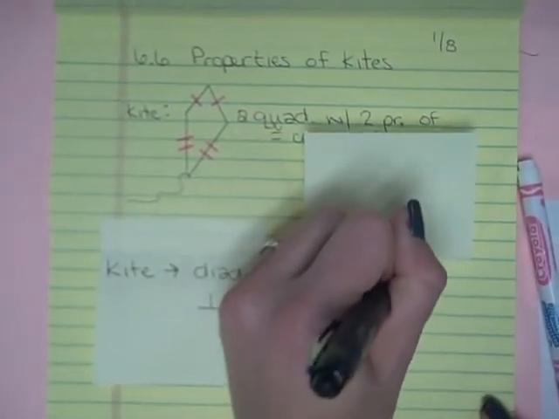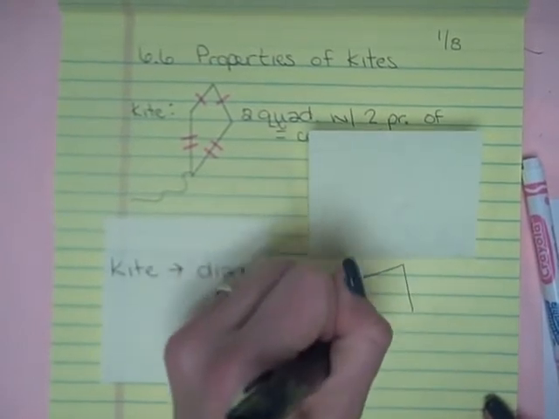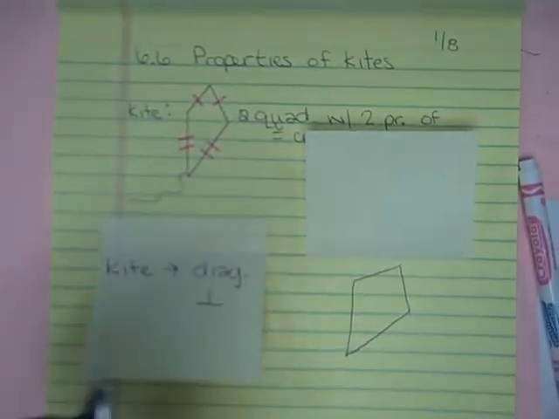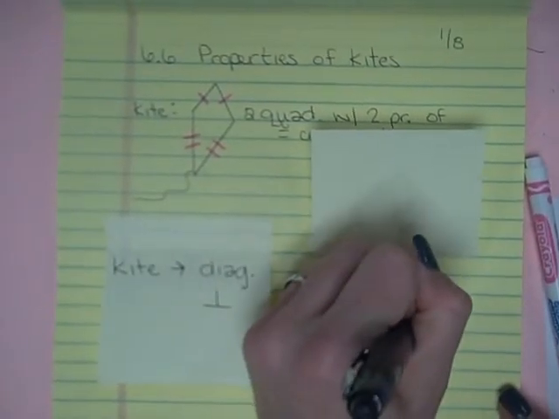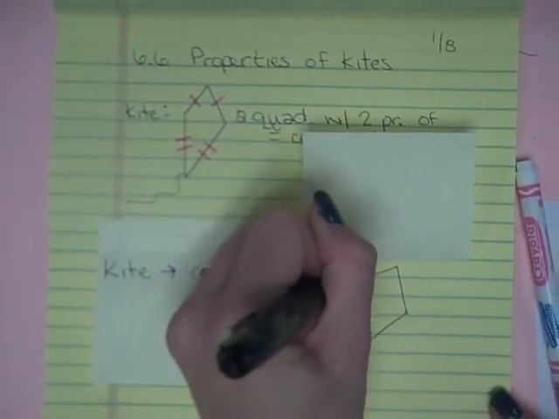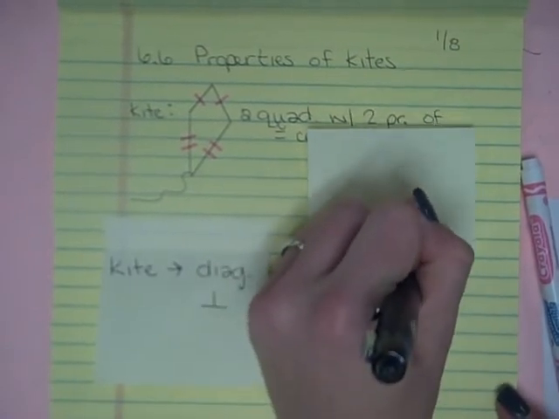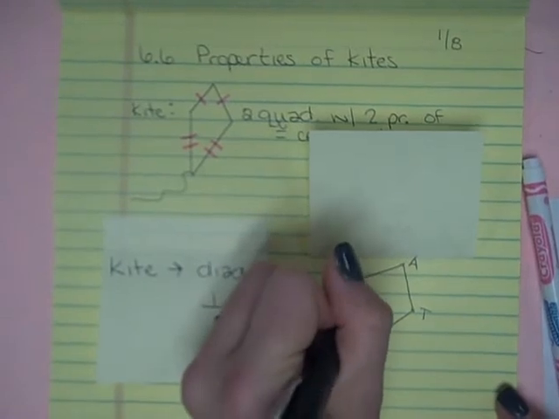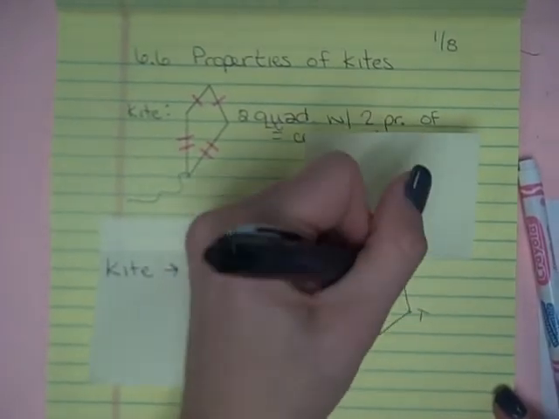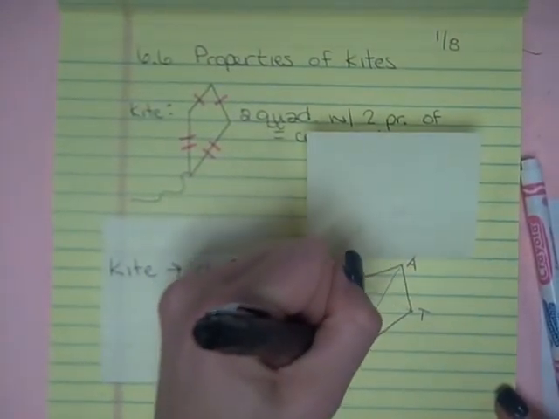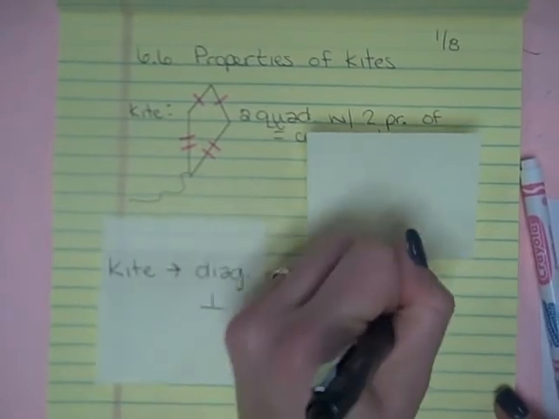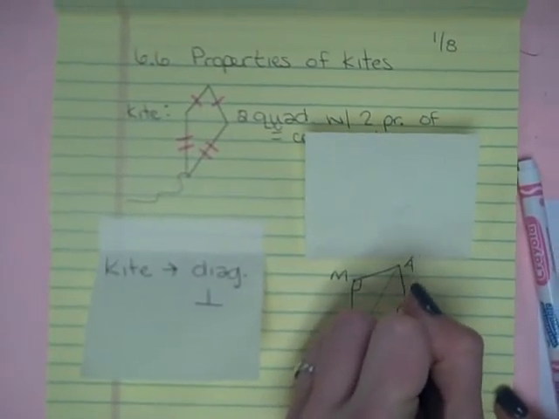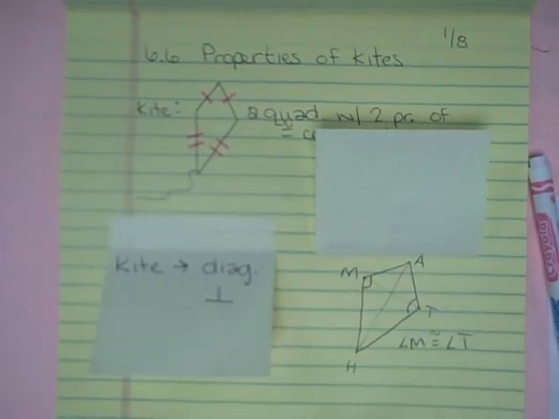Sketch yourself a kite. And I'm going to name my vertices just like I do any other polygon, and even put in the diagonals. Angle M is congruent to angle T.